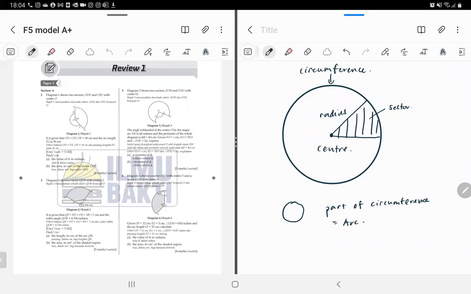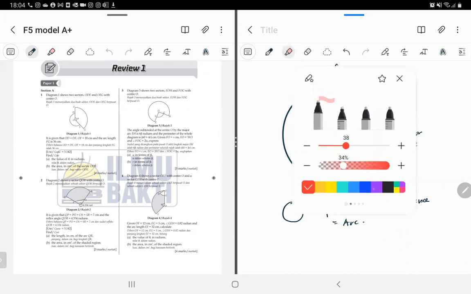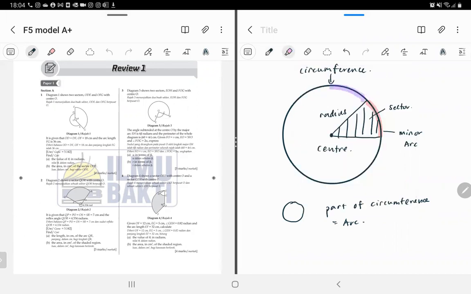So that means the outline here, this line will be the arc. If this is the shorter one, we call it a minor arc. And then the longer side, the other side, this outline will be a major arc.